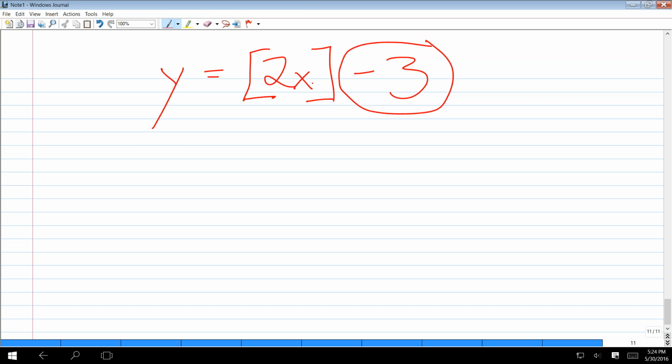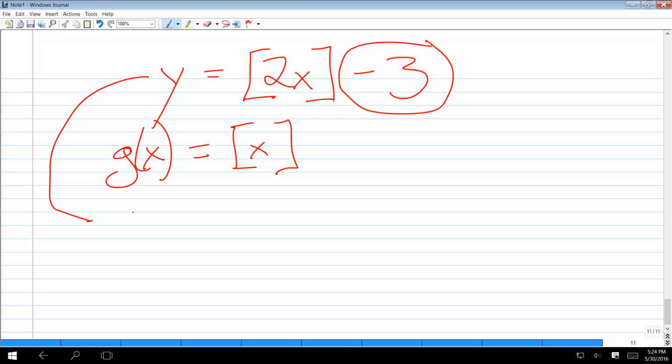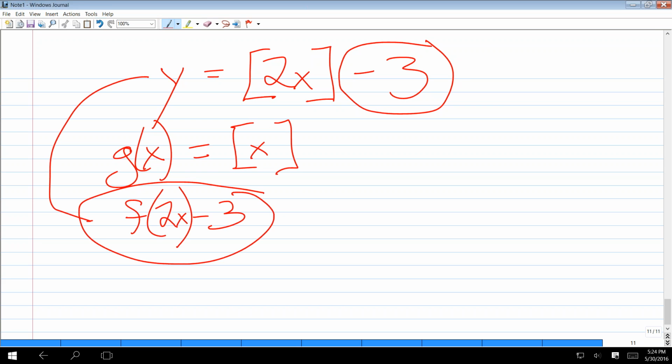In other words, if g of x was equal to the greatest integer function, like that, and I had to write this as some f of x, it would be f of 2x, that's what goes inside, minus 3. That's what this function is.